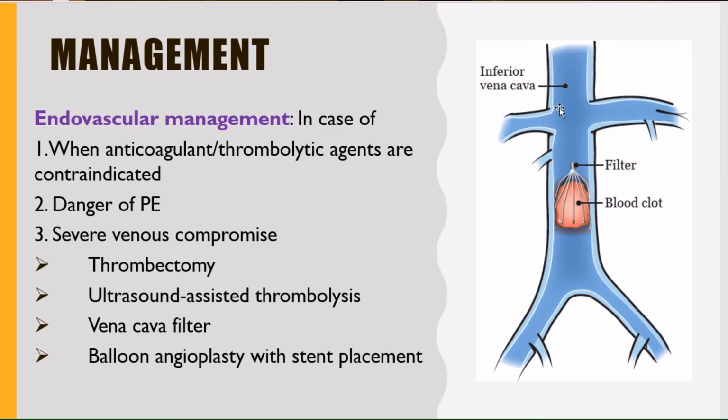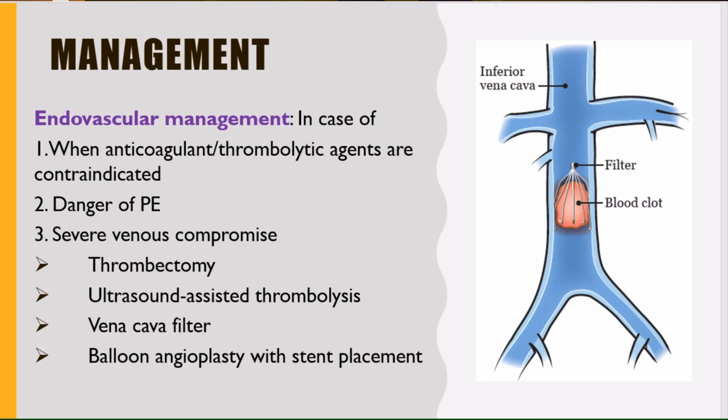You will see these patients with vena cava filter, or if it is inferior vena cava, it's called IVC filter, inferior vena cava filter. For those patients who are at risk of bleeding, who cannot get anticoagulant or thrombolytic agent, then they need these filters.